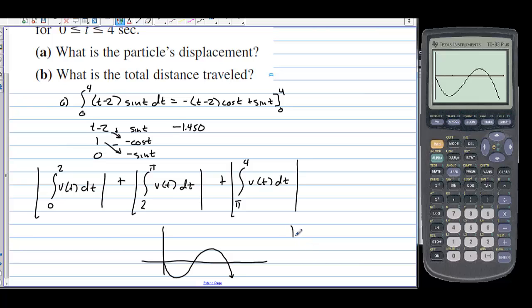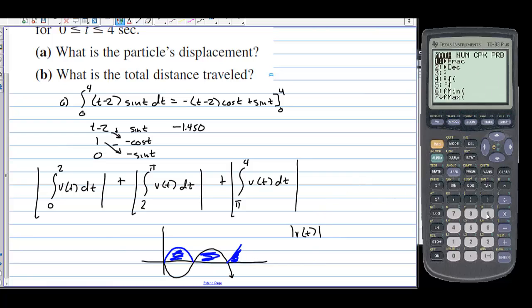If we take the absolute value of the function, any place where the y values are negative, the y values will be turned positive. And even this part right here will become positive. And then if we calculate just all the area from 0 to 4, it'll all just be positive.